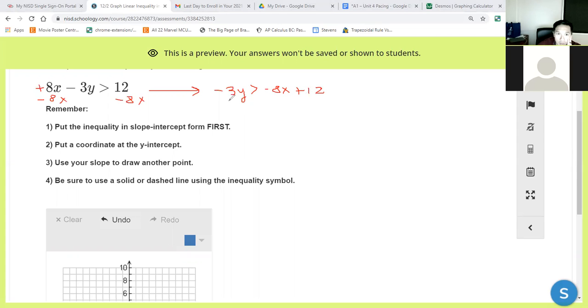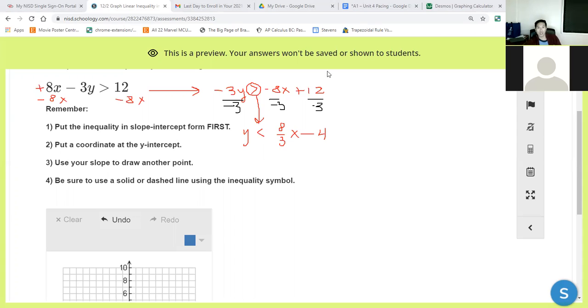Then I'm going to divide everything by negative 3 because I want to get the y by itself. So this will leave me just y is, now I'm going to switch this, because I divided by negative 3, so I switch it to y is less than positive 8 over 3 x minus 4.